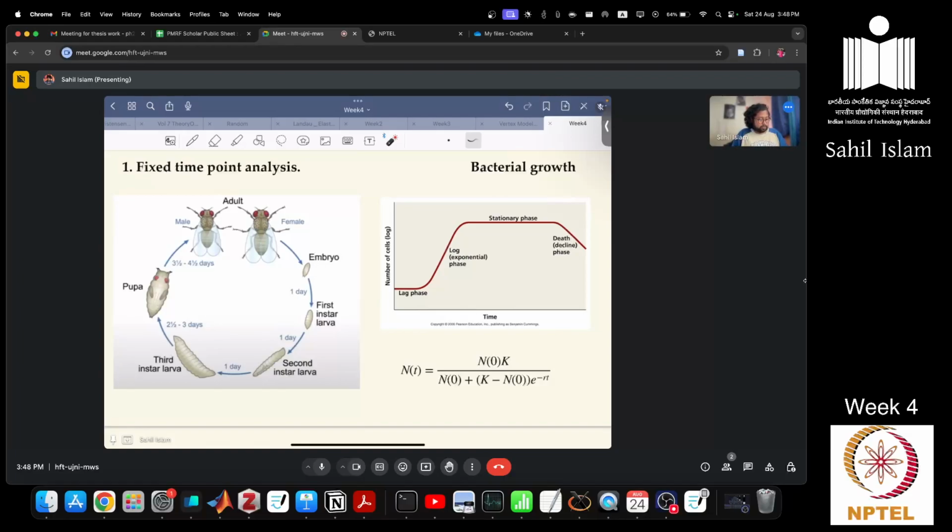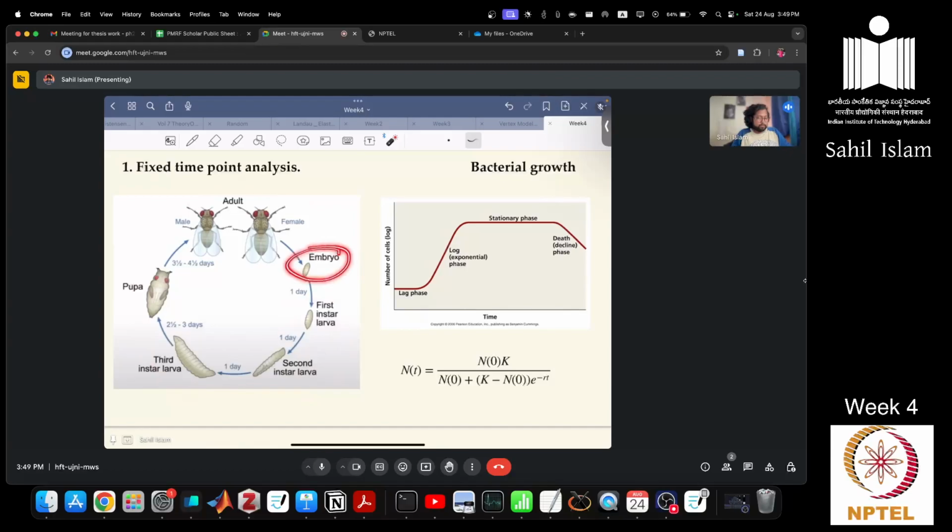Let's say the fruit fly Drosophila: from pupa it becomes adult, then gives embryo, and eventually becomes pupa again. In this whole life cycle, you don't have to look at every single step of the process.